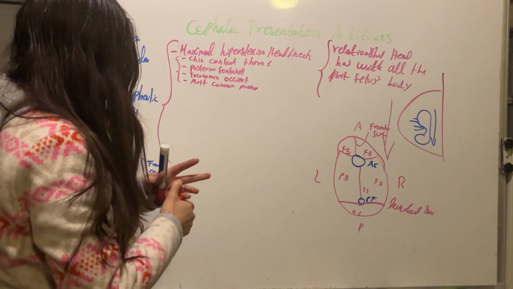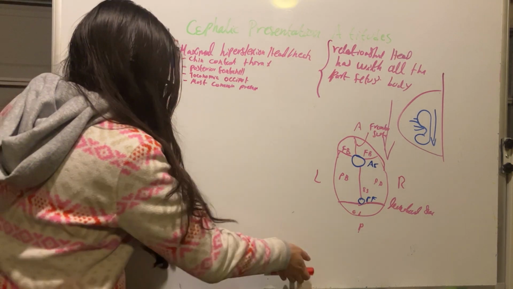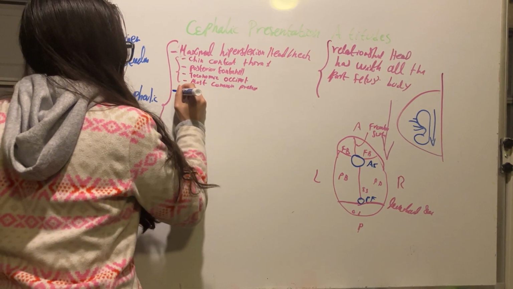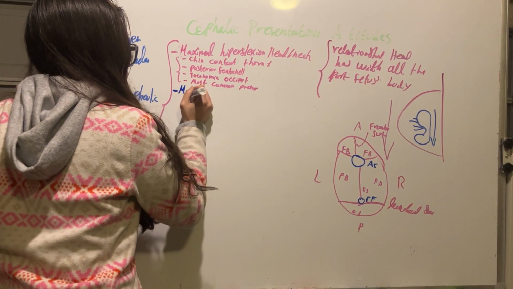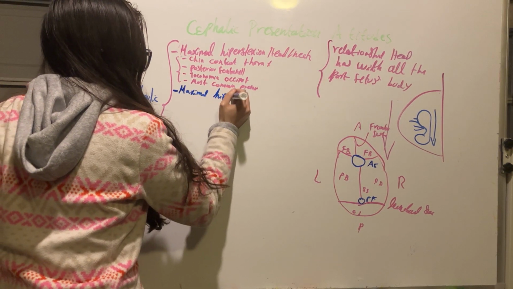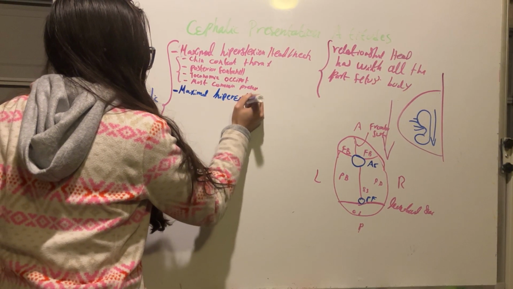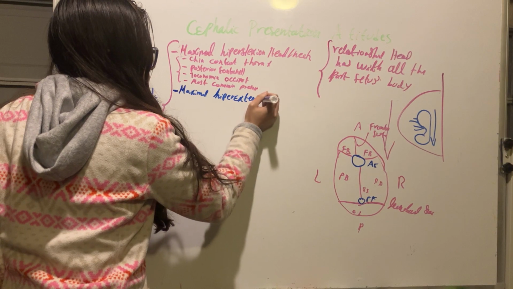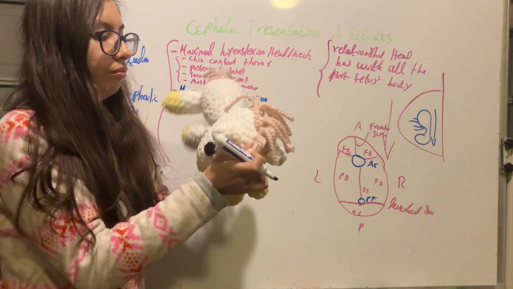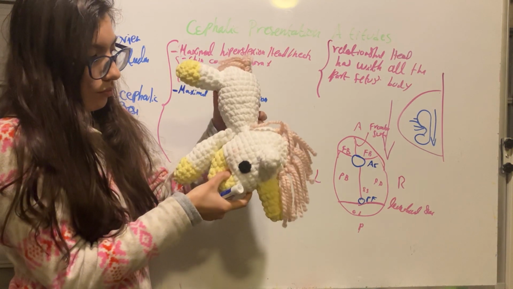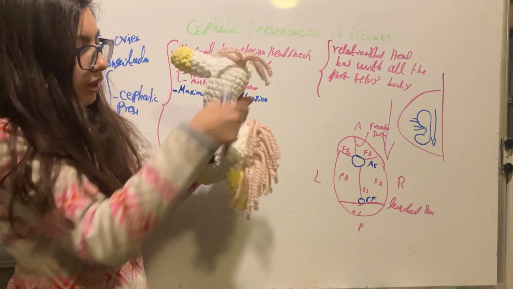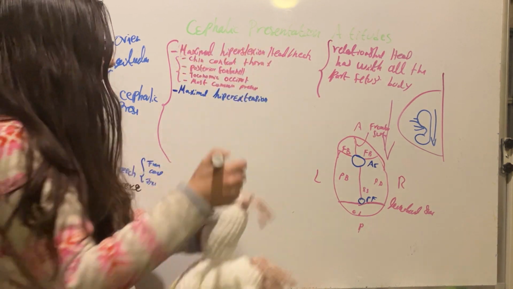Next, we have the maximal hyperextension. So here, the occiput is contacting the back.